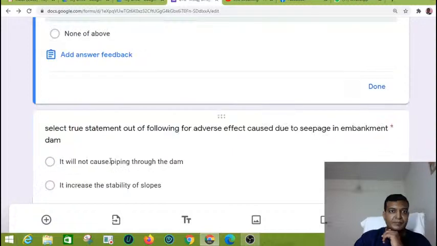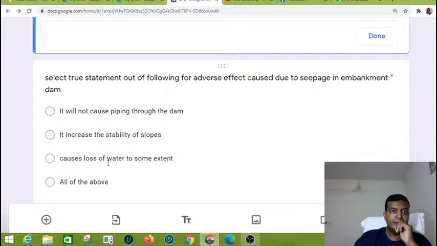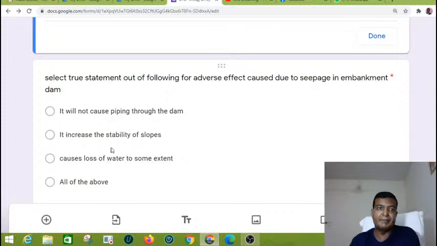Next objective. Select two statements out of following for adverse effect caused due to seepage in embankment dam. First one is, it will not cause piping through the dam. It increases the stability of the slopes.